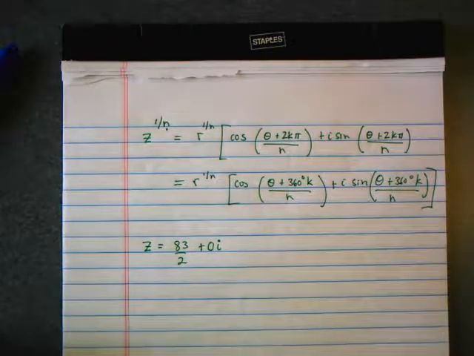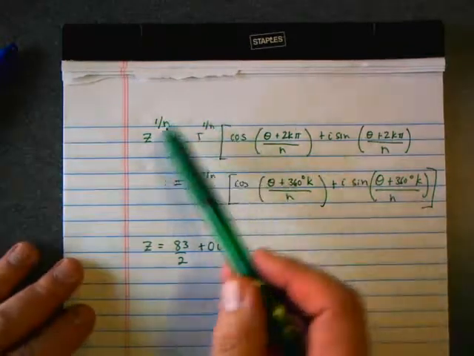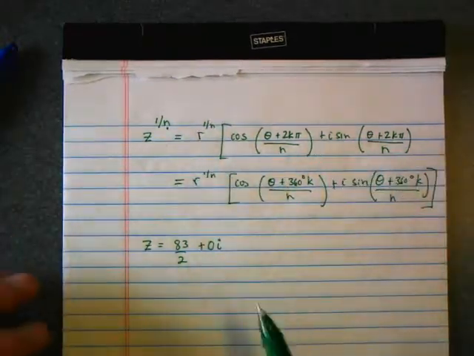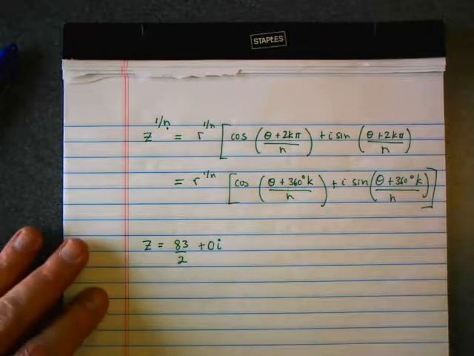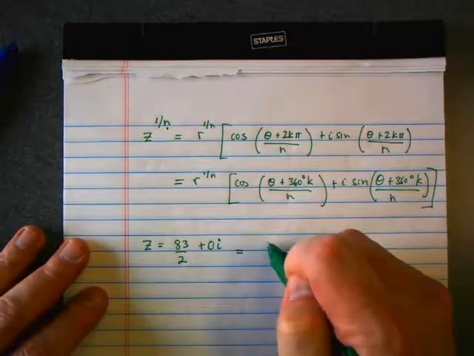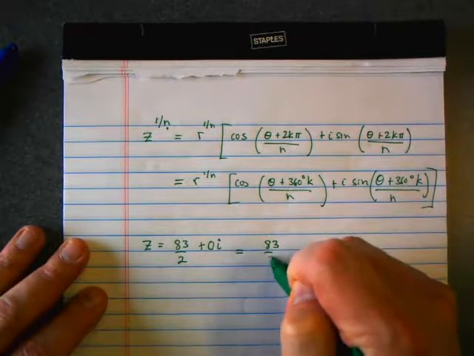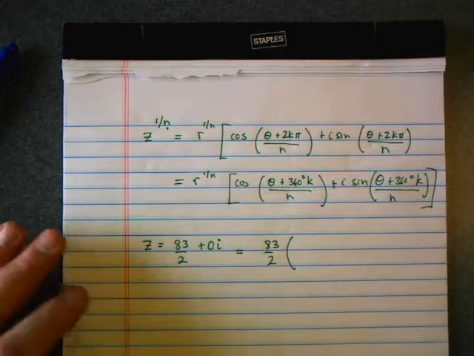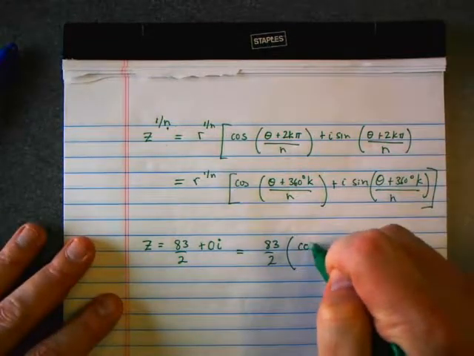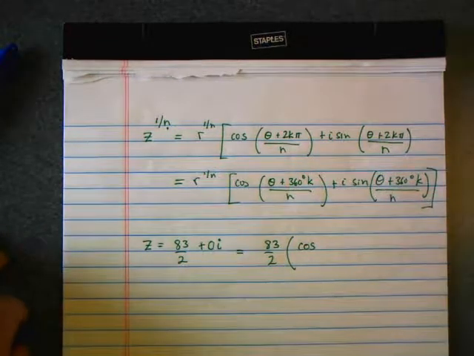So what we need to do in order to find roots of this complex number, well, we don't really need to, but we're going to, we need to write it in polar form. Well, the length of this complex number is 83 over 2, because it's a real number. Cosine, what's the angle for 83 over 2?